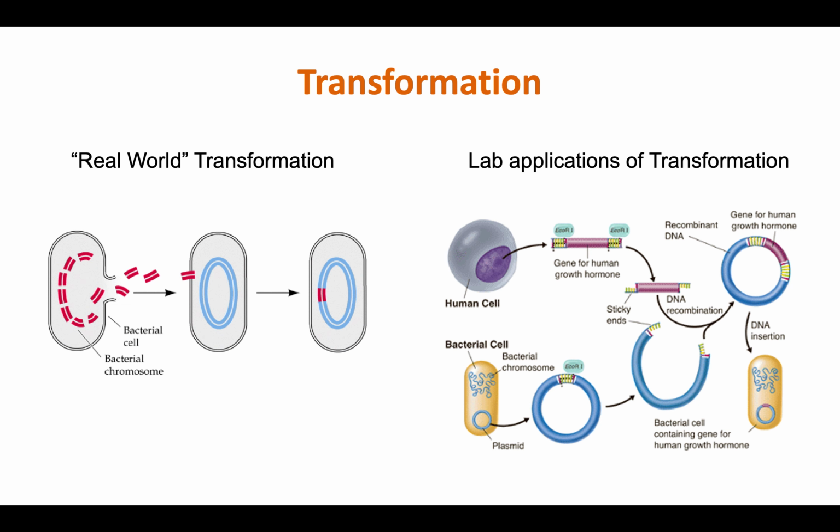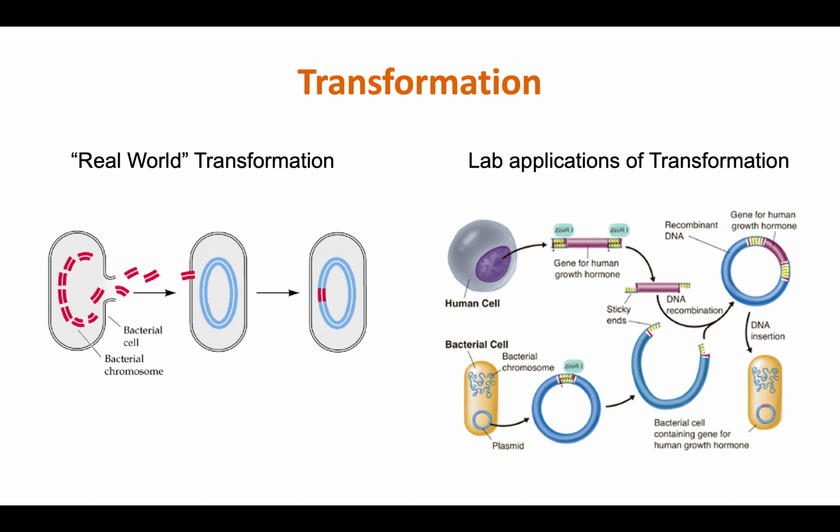We've used this knowledge to apply to medical technology. In this case, on the right-hand side, they're showing you the lab applications of this transformation. And they have a human cell. Basically, they have the gene for human growth hormone. There are people that do not have sufficient amounts of human growth hormone, and that is a whole area of disease.